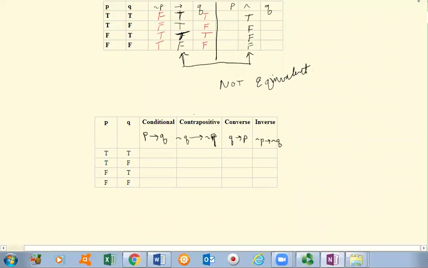Okay, so let's do the first one here. True followed by a false. That's the only one that's false. So we're working on this first column here. These others will be true. And now this one, you might want to fill in the columns.